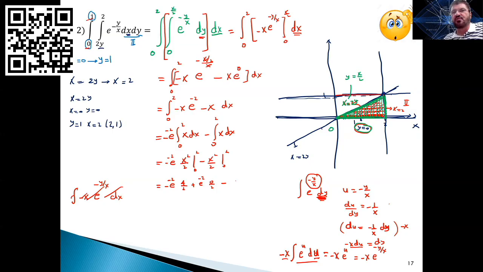Minus, put the 0, 4 here, over 2, minus, and minus becomes plus, put the 0 over 2. This is 0, and this is 0. So you get minus 2 e to the minus 2, minus 2. This is the final answer.